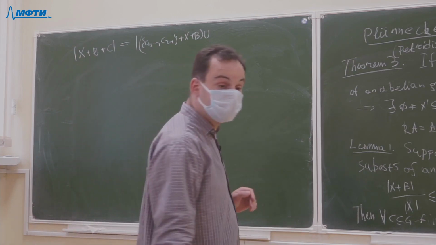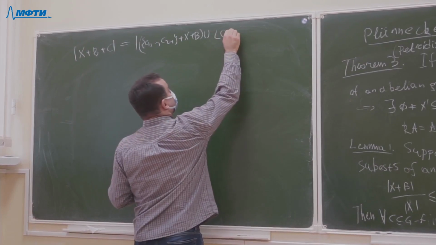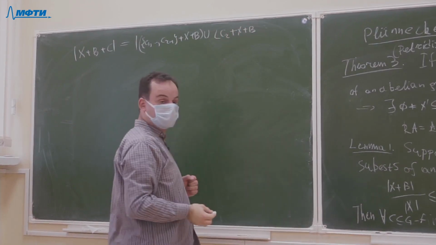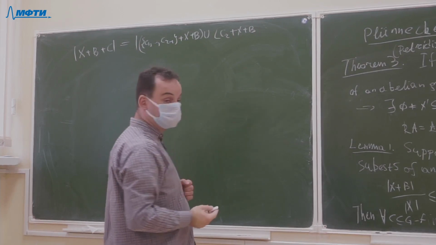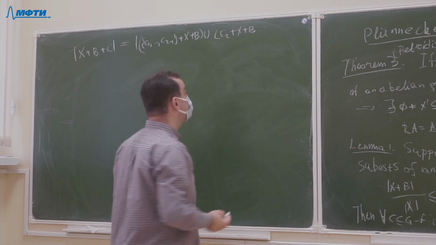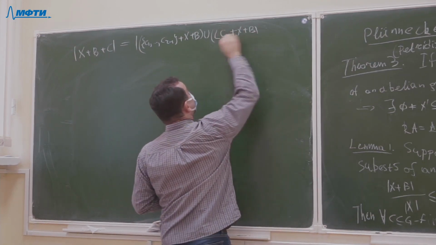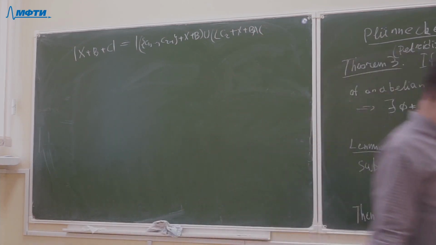Union C_r plus X plus B, minus what? Minus this set.